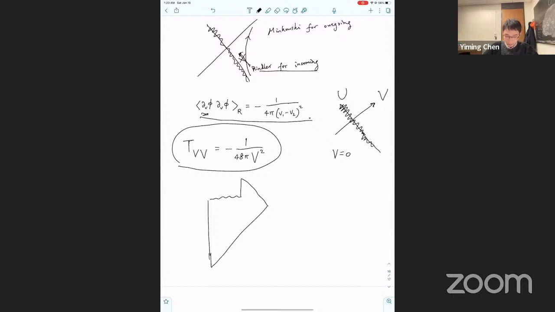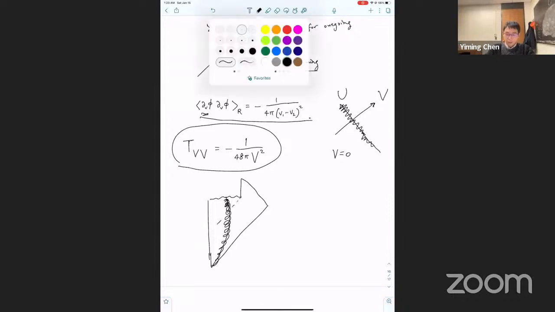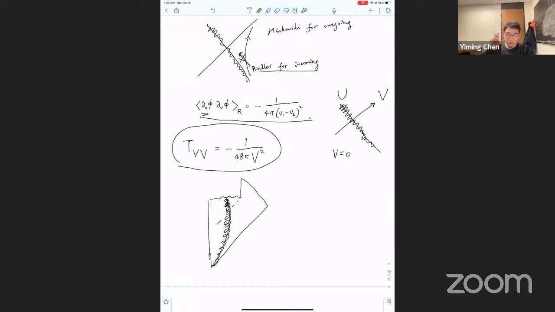So there is some matter that is falling in to form the black hole. So this is some matter shell that is falling into the black hole. And we should only trust the Schwarzschild solution and the quantum field calculation that we were discussing when we are outside the matter shell.